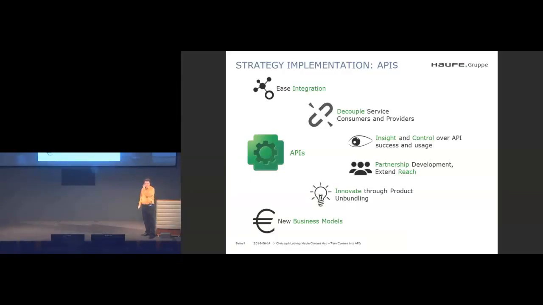The tooling you get for these APIs promises you to get much better insight into what customers are doing with your APIs, and therefore with your services. And also to give you back some control of what customers can do.